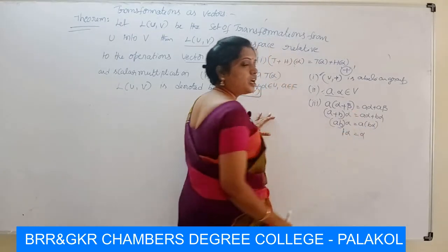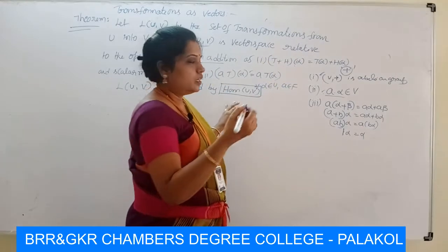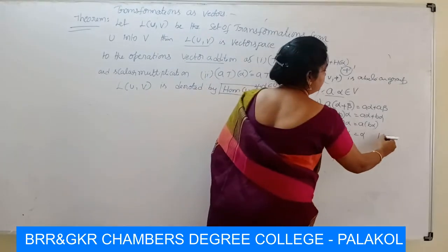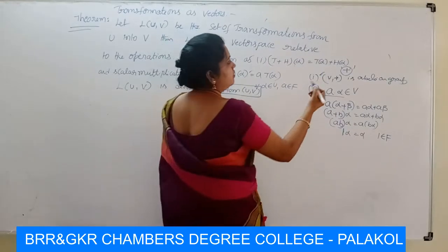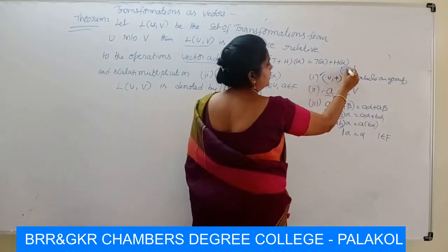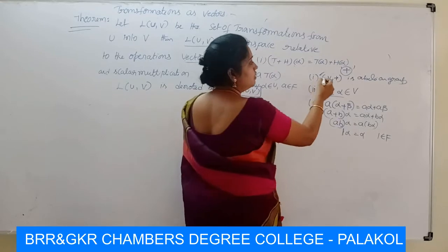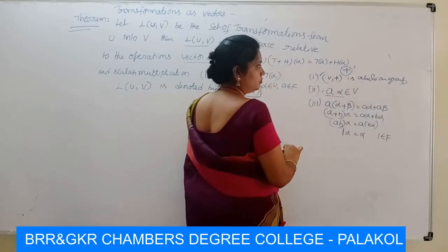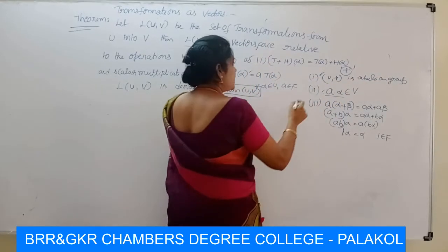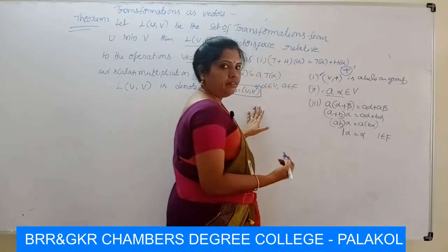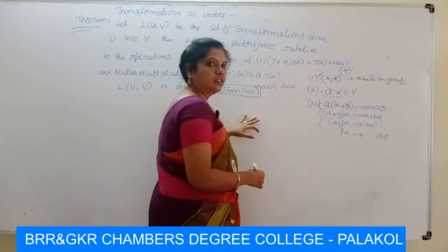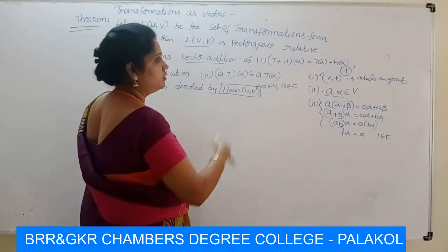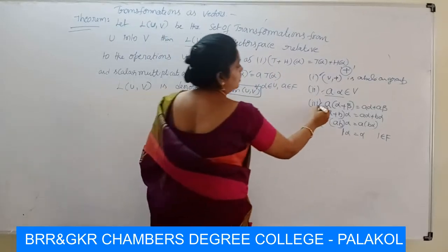Here 1 is the unity element of the field F. So first of all, with respect to vector addition, V plus is an abelian group, and second, scalar multiplication is closed in V, and 4 postulates. Those are 1, 2, 3, 4.